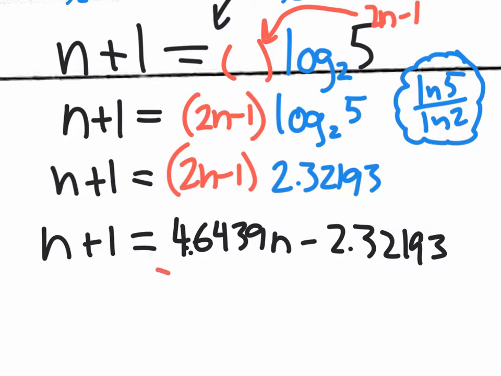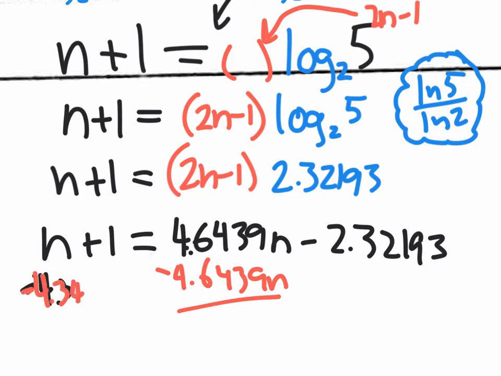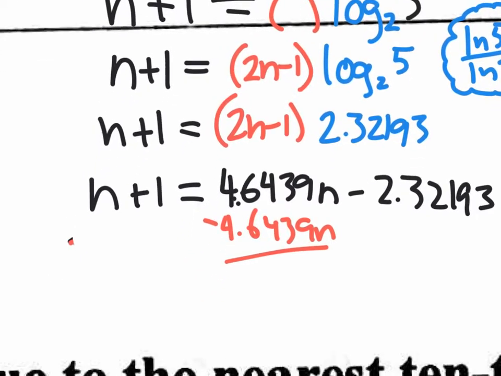Anyways, let's subtract the 4.6439n and subtract the 4.3464. What am I doing? This is a mess.